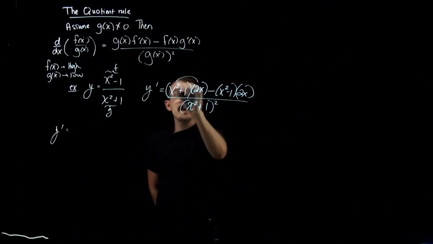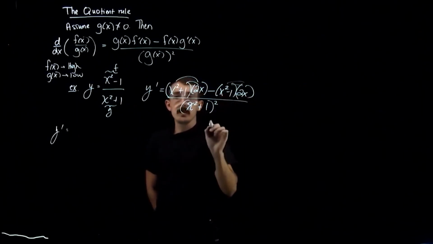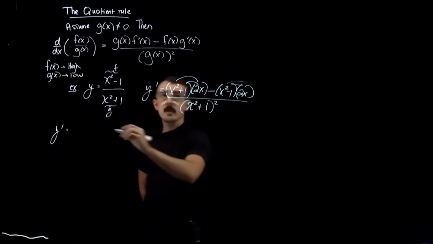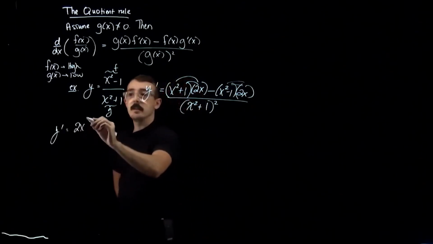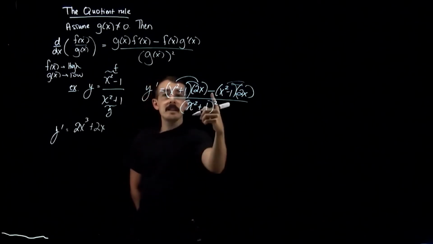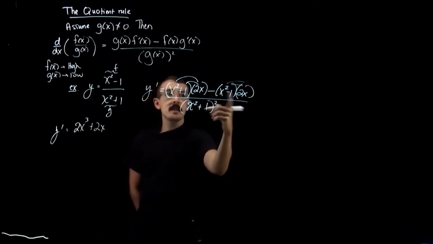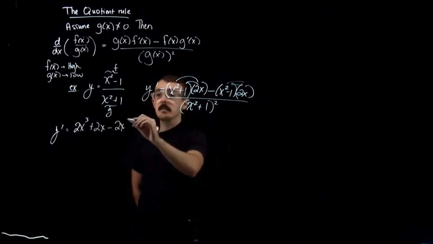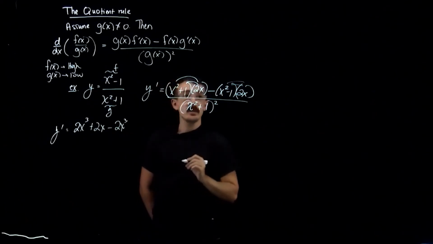So I'm going to go ahead and distribute first. So this is going to be 2x times x squared is 2x cubed plus 2x. Here I have this minus sign, so I'm going to switch the sign here. It's going to be minus 2x times x squared, which is minus 2x cubed.